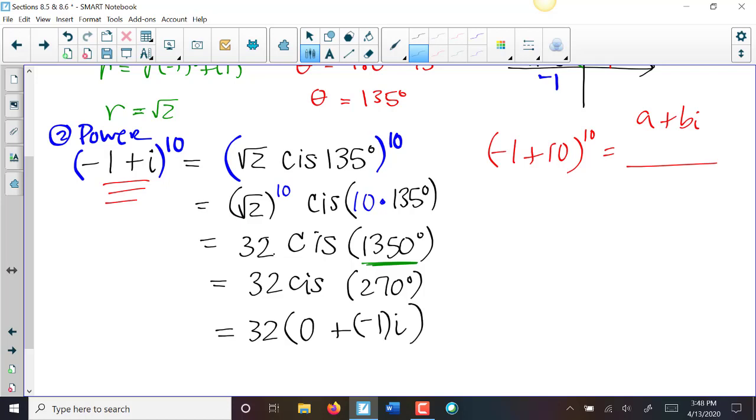Whoops. All right, so this comes out to be -32i. So if I did this to the 10th power, I would get -32i as the rectangular form. So if you want to check it for fun, you can do the algebra and let me know how that works out.